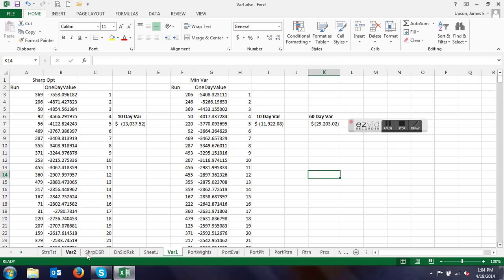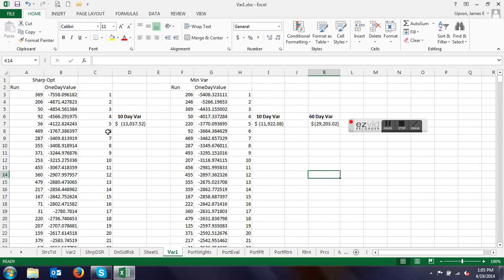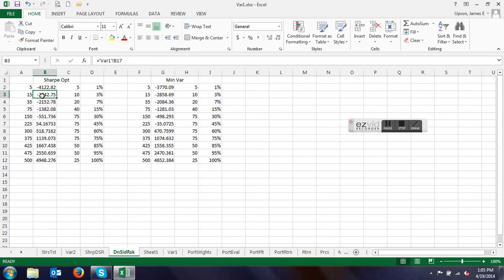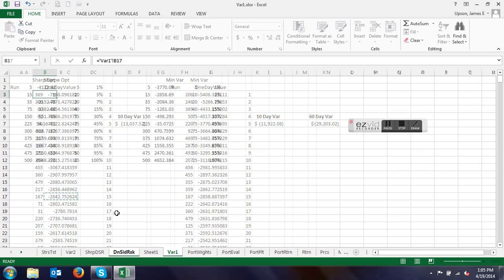The next bin that we selected is bin number 15. So we go back here to the VaR 1 tab, we go down to 15, and there's our 2,842. So we're simply taking this and setting it equal to the VaR sheet, and 15. Okay.